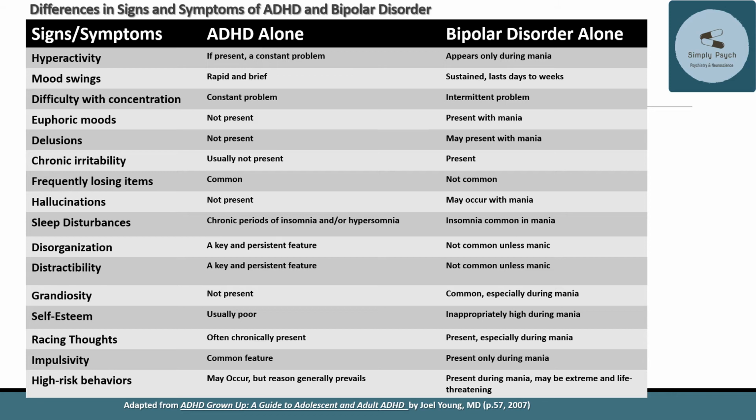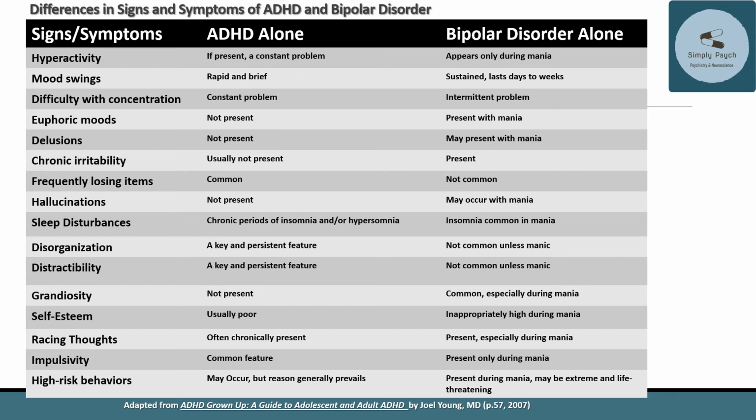So when it comes to mood swings, which is the next symptom, in ADHD, it's rapid and it's brief. So people who are saying, my mood is going up and down, one day I'm this way, the next day I'm that way, in the morning I'm this way, in the afternoon I'm that way, that's much more likely to be ADHD or something else other than bipolar disorder.